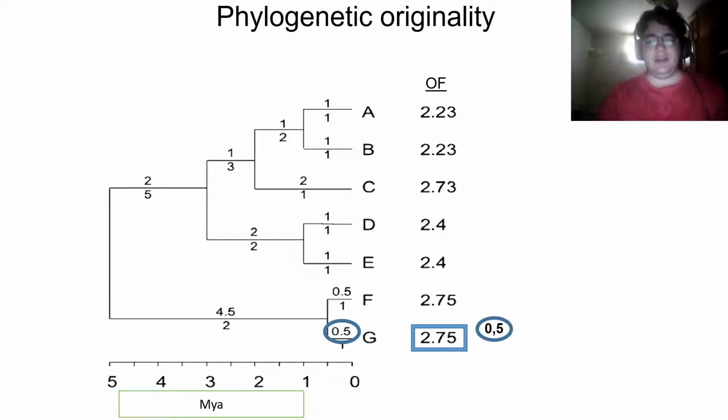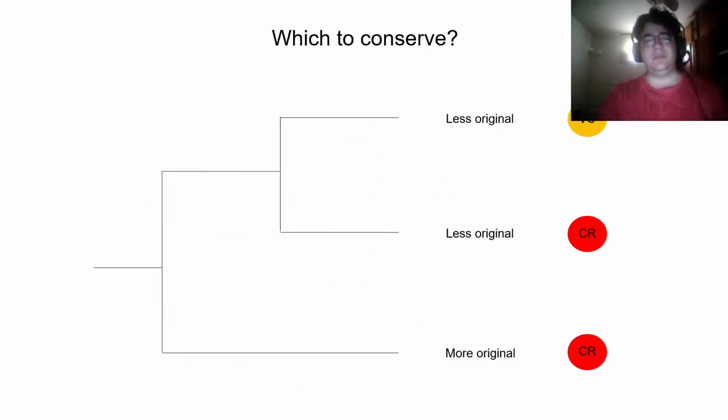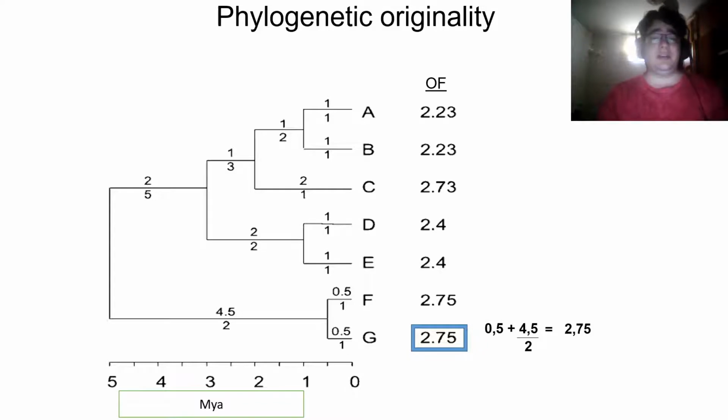For each branch, we take the branch length and divide by the number of descendant branches, and sum up to the root. So first we have 0.5 divided by 1, then 4.5 divided by 2, and then we have 2.75. We do that for all species, and we have their phylogenetic originality or evolutionary distinctiveness values.